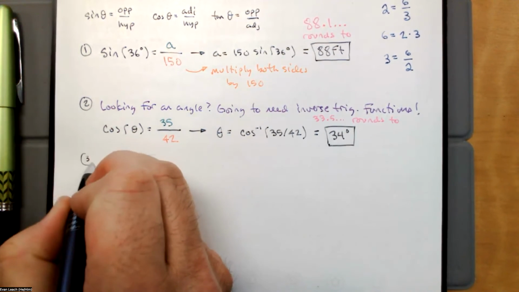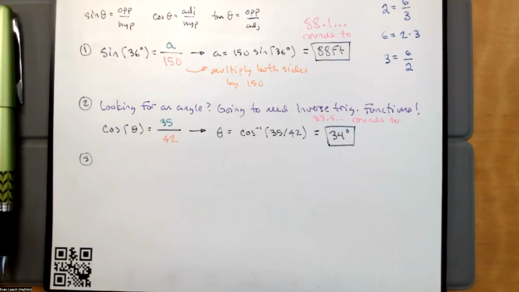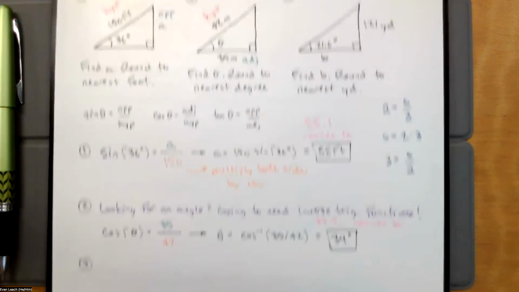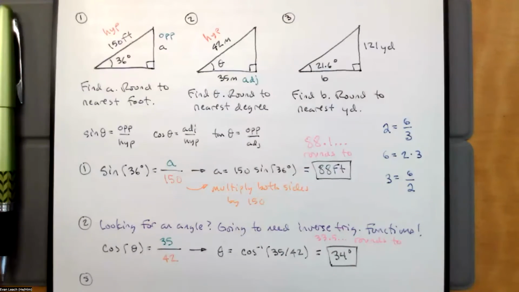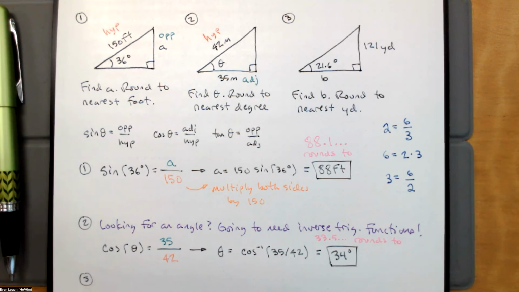Three. Here we have this given 21.6 degree angle. Things got fancy. And then I've got that vertical side. Number 3, and I've got that 121. What is that 121 relative to the angle? That one is opposite.